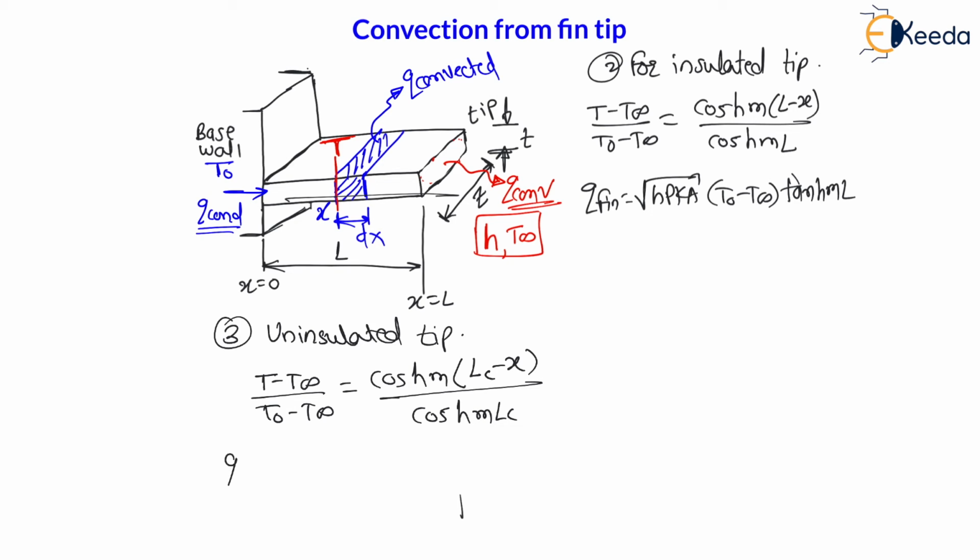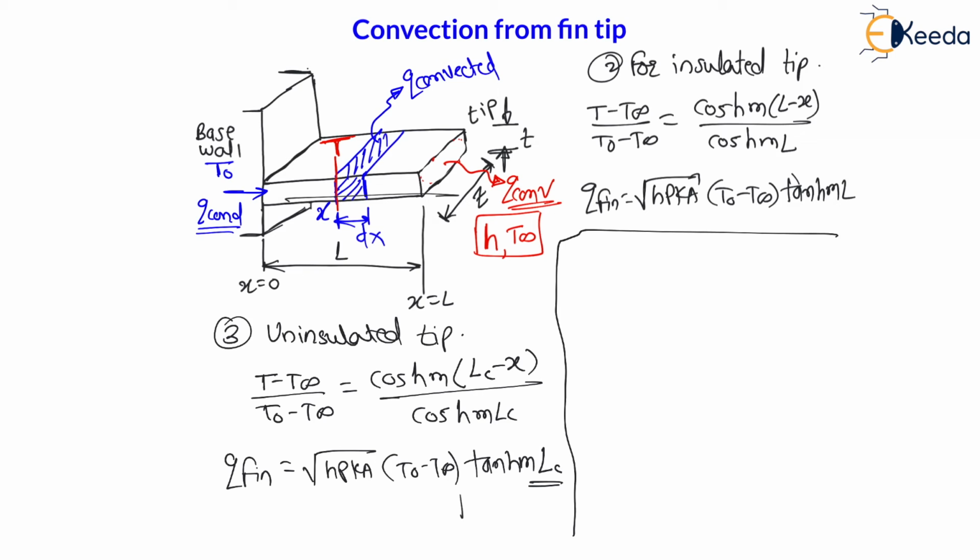Similarly, heat transfer through the fin will be equal to under root HPKA into T naught minus T infinity, into tanh M LC, where we are using the corrected length.